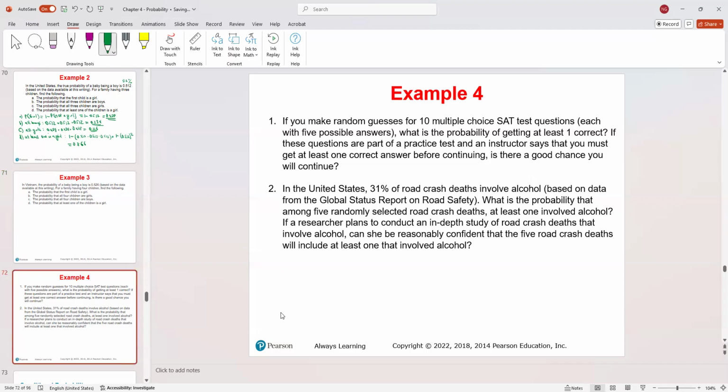With number four, we're going to go with this one very quick. If you make random guesses for 10 multiple choice SAT test questions, each with five possible answers, what is the probability of getting at least one correct?